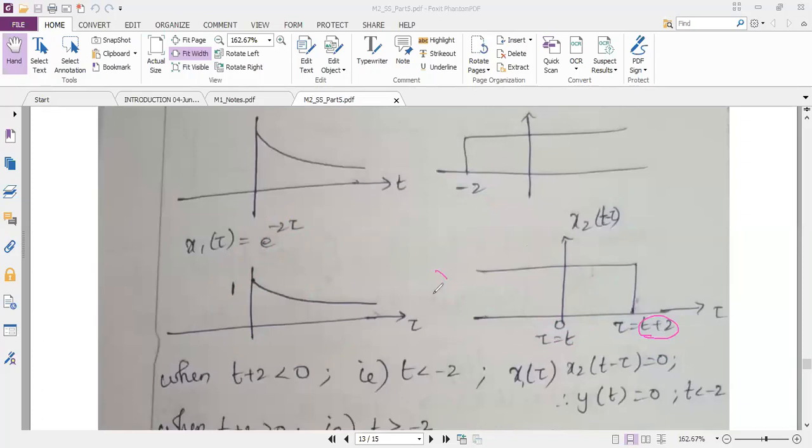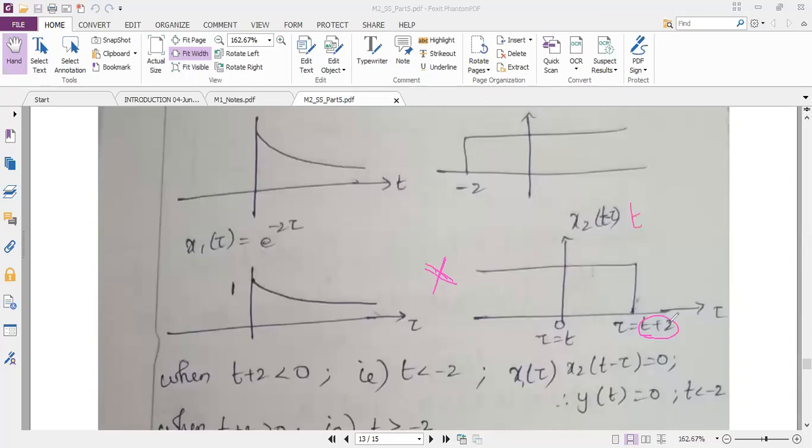Has anyone compared this? Yes, Ambika? When t is less than minus 2.